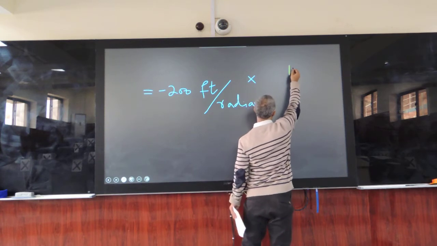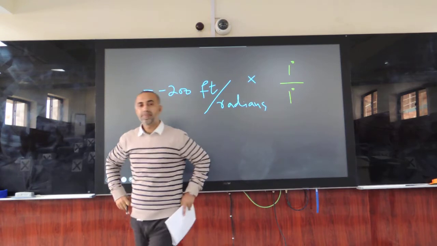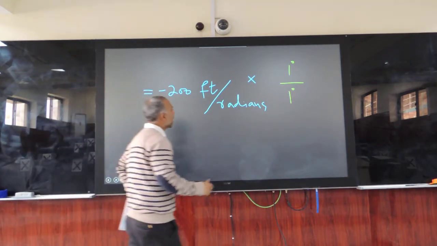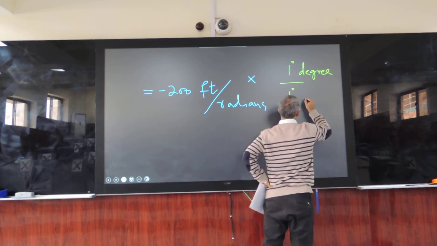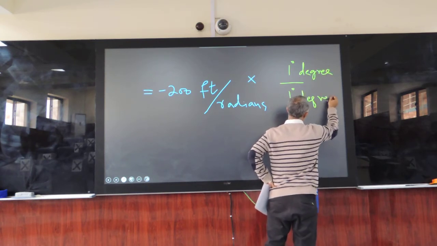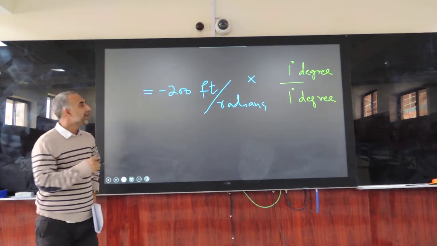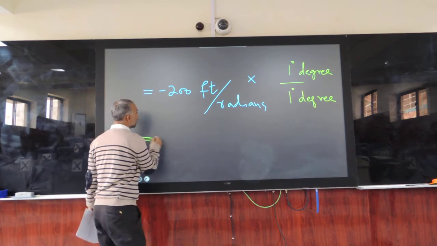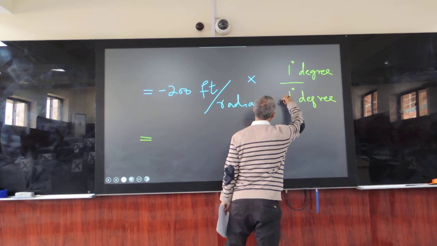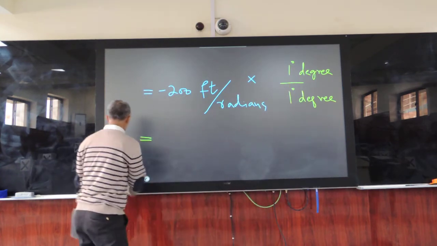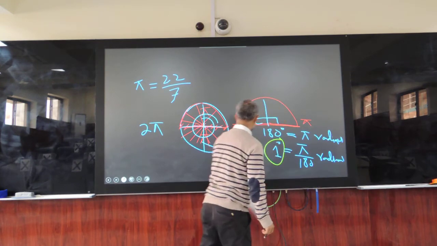If I multiply by 1 degree over 1 degree, do you have any objection? In the numerator and denominator, of course it's equivalent to 1. Now I want to keep the denominator value as it is, and instead in the numerator, instead of 1 degree, I want to write the value of 1 degree, which is pi over 180 radians.